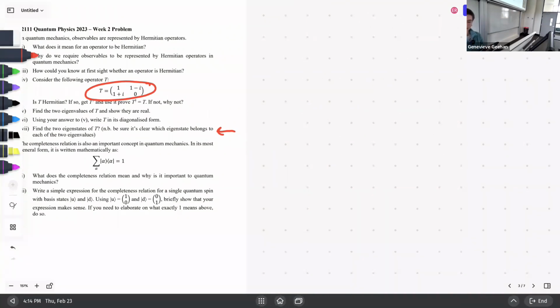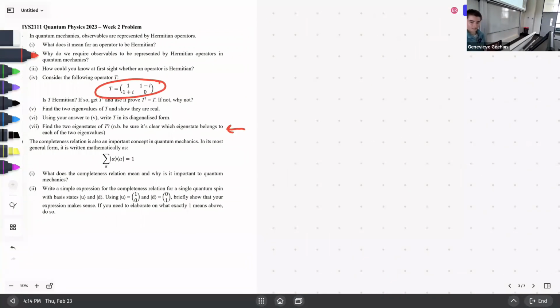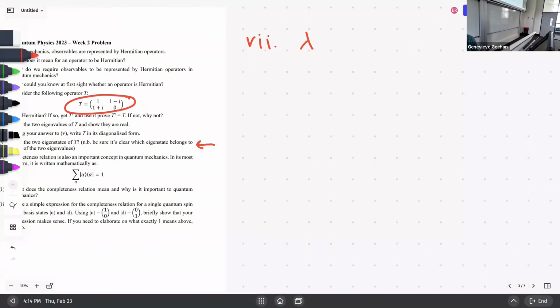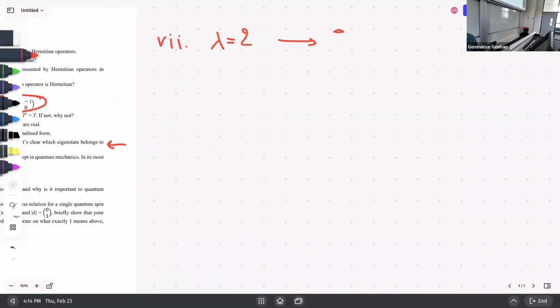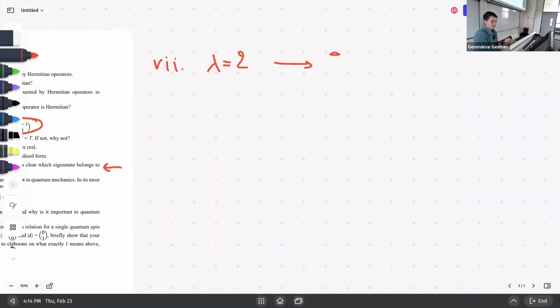So let's start with, which question is it? VII. So let's start with our eigenvalue 2. Using our diagonalized, okay, wait. Firstly, let me just remind everyone of what we're doing. So write the eigenequation.